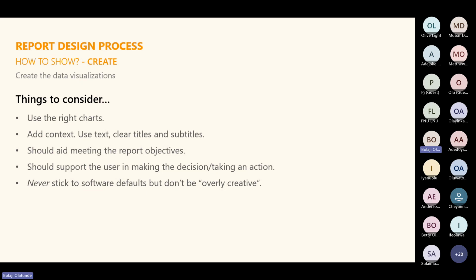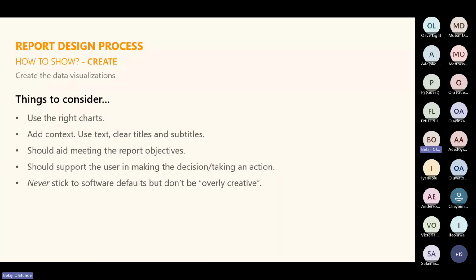Don't present categorical information on a funnel chart, for example. As much as possible, use the right chart that is best suited to communicate the insight that you are trying to share. That's the first thing.